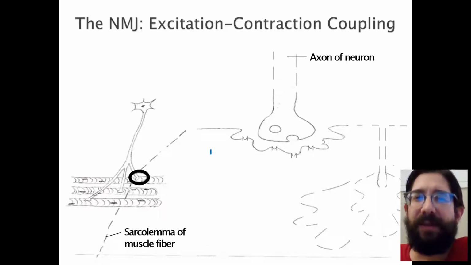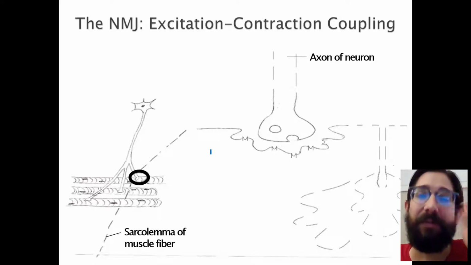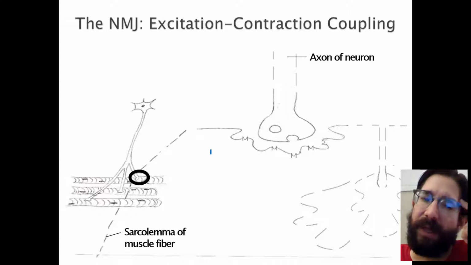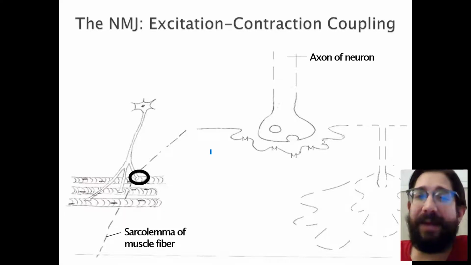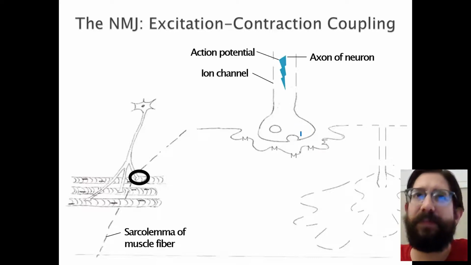Now this all begins in skeletal muscle when you decide voluntarily to make the muscle move. So you initiate an action potential, an electrical signal, an excitation that will travel from your central nervous system down towards the muscle. So I've just indicated that as a lightning bolt here in our image.